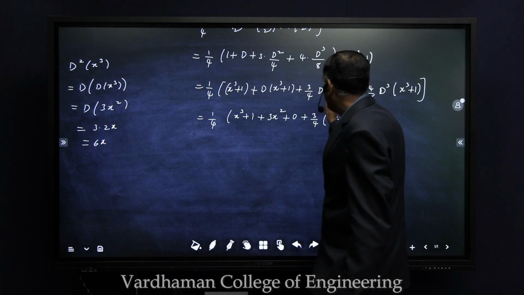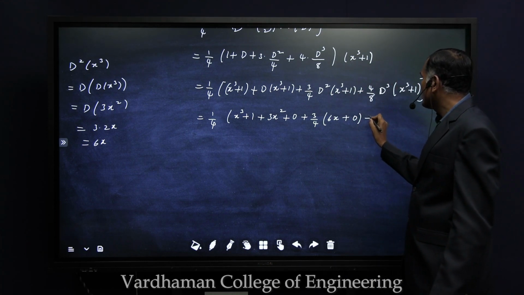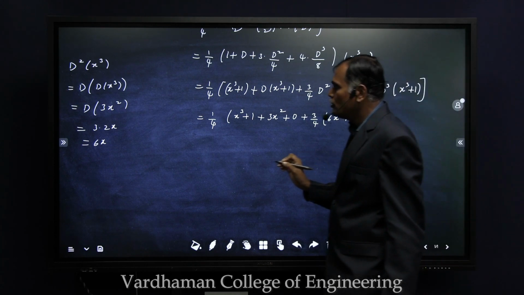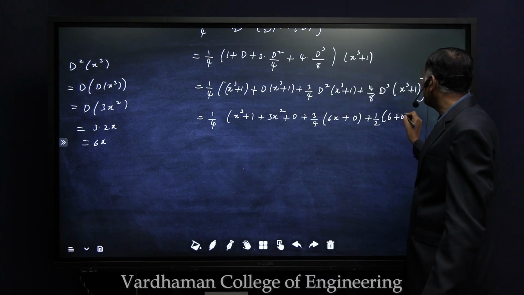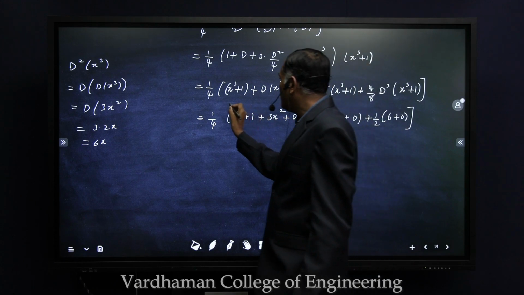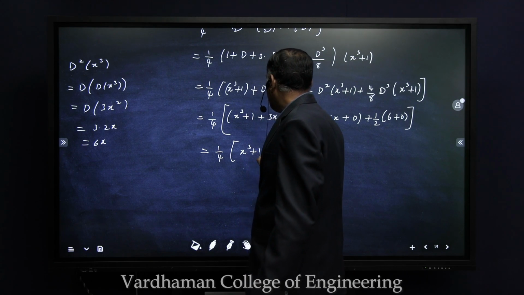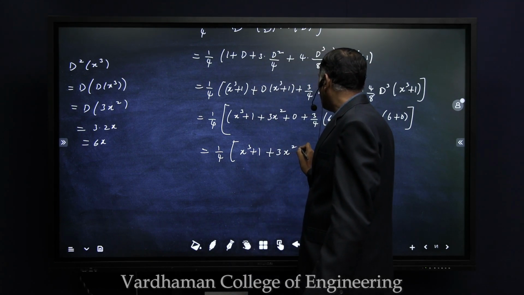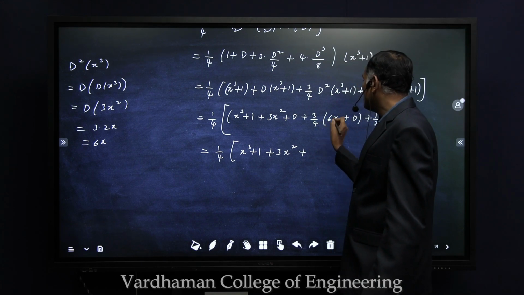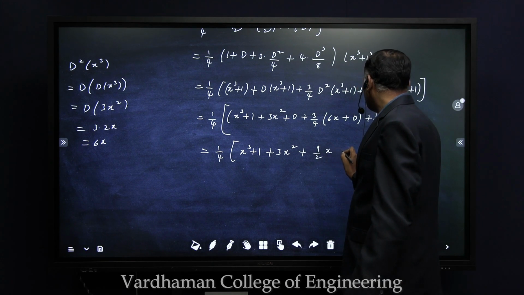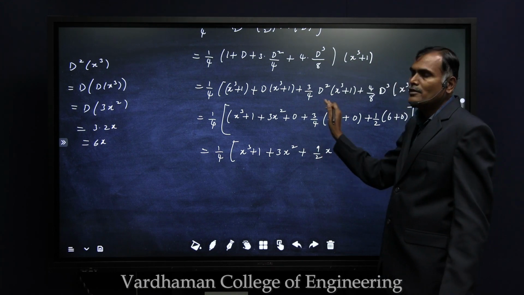I am writing D square of x cube as 6x, plus derivative of a constant is 0, plus D cube of x cube. Do one more time: derivative of 6x gives 6, plus 0. Now simplify further. We get 1 by 4 times [x cube plus 1 plus 3x square plus 9 by 2 x plus 3]. Now this is the particular integral of the problem.